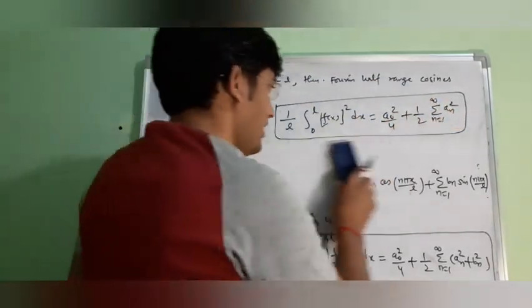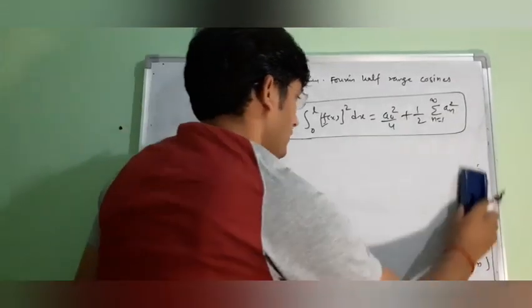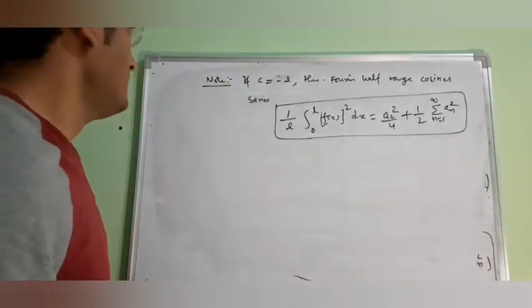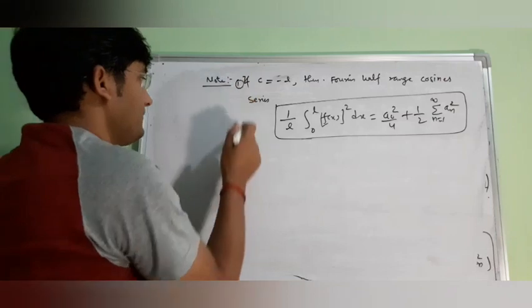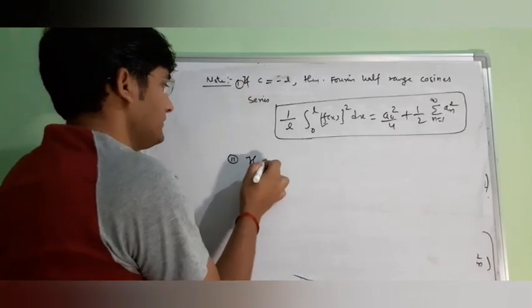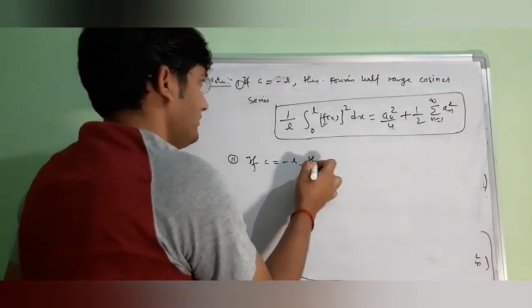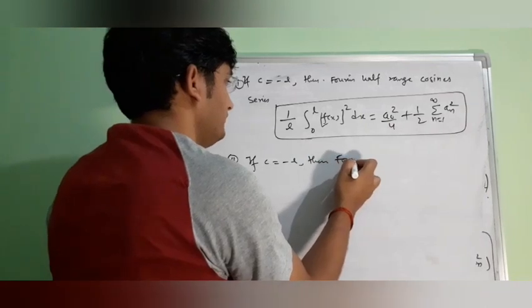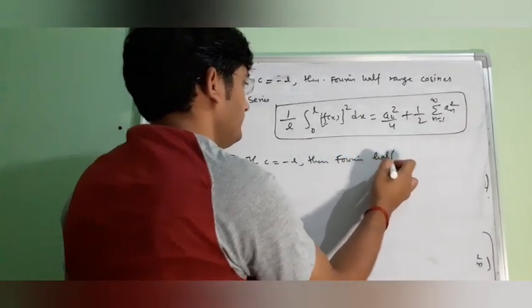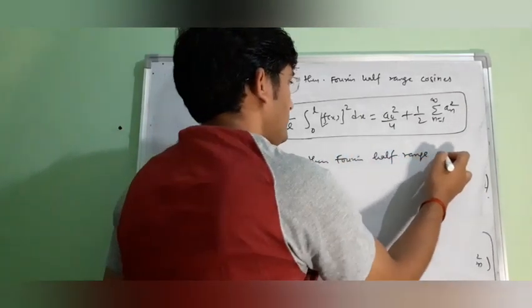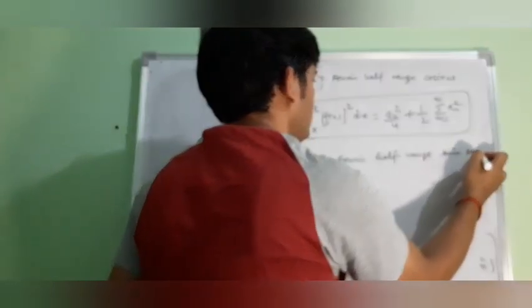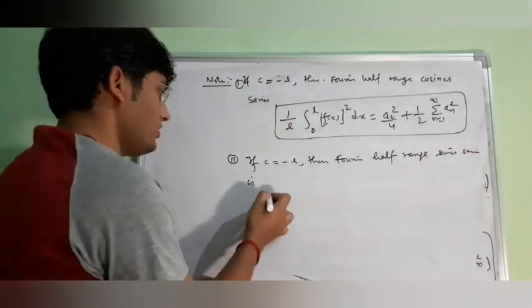Second, now if c is equal to minus l, then the Fourier half range sine series. That means when the function is odd.